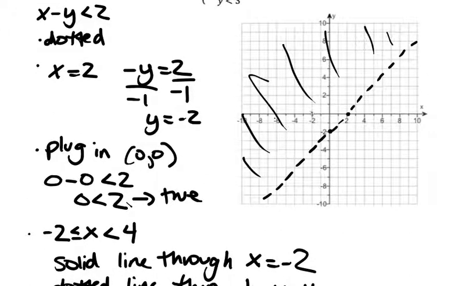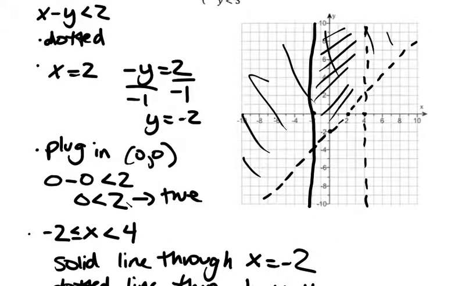And then the shading is going to be in between. So this is telling me x is less than 4 but greater than negative 2. So numbers on the x-axis that are smaller than 4 but bigger than negative 2 are in between those two lines. And so the overlapping area with what I've already shaded is going to be this area that is above that dotted line. So I'm going to erase my other shading marks here.